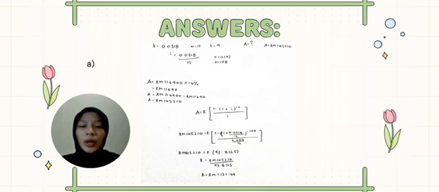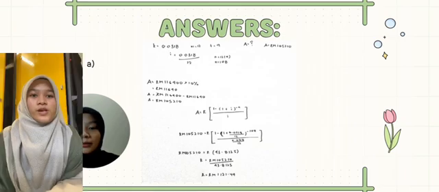R equals 105,210 ringgit divided by 93.8125. The value of R is 1,121 ringgit 49 cents, for 108 months.